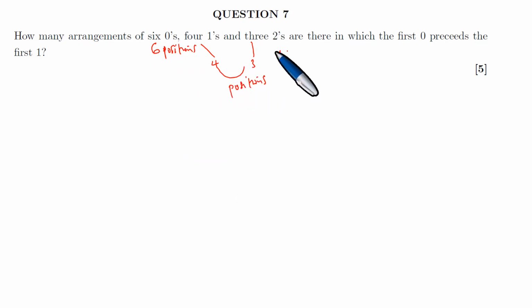So we have a total of 6 plus 4 plus 3, which gives us 13 positions.